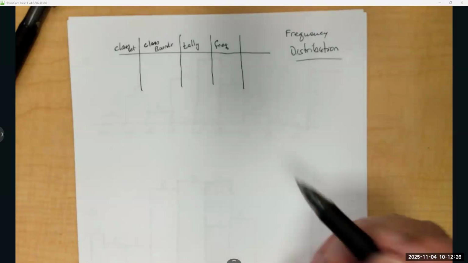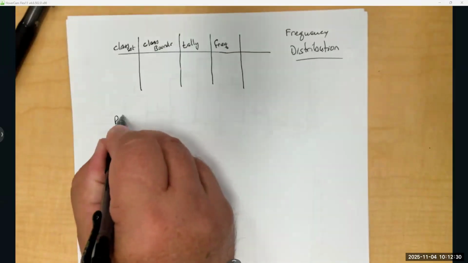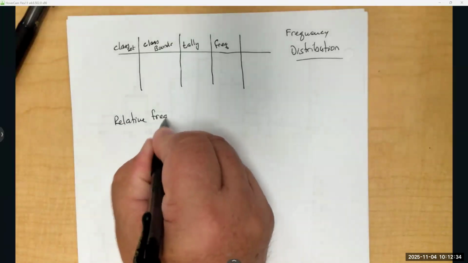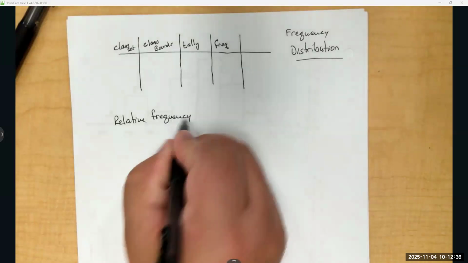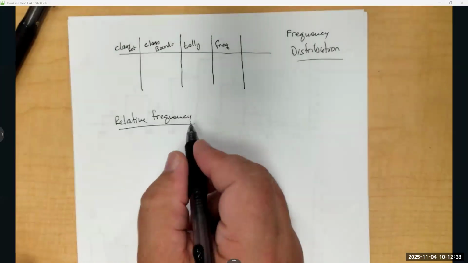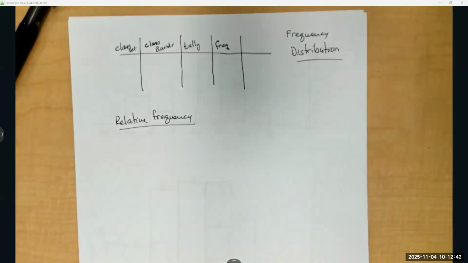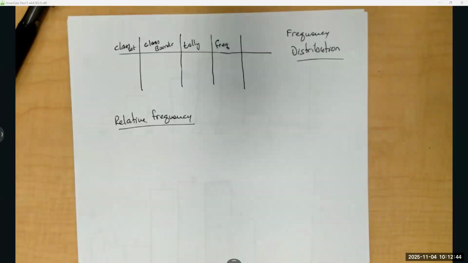Now, the next step in a frequency distribution is we want to talk about what's called the relative frequency. What do you think relative frequency stands for, represents?